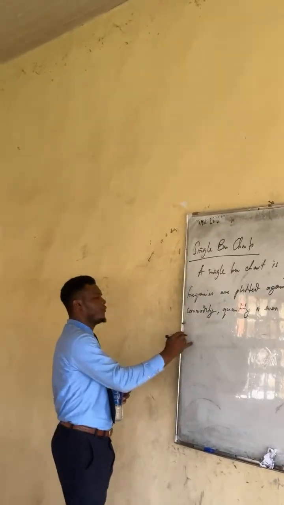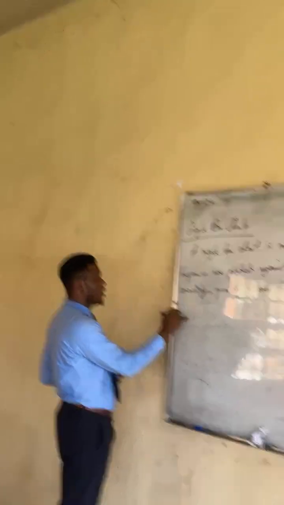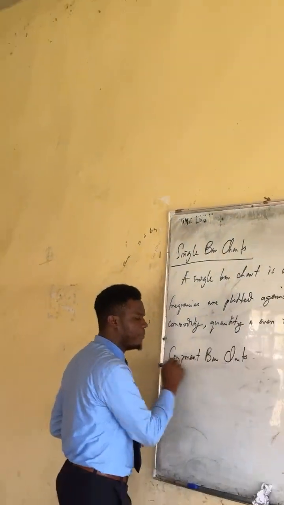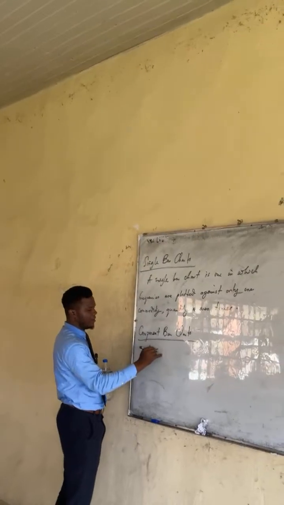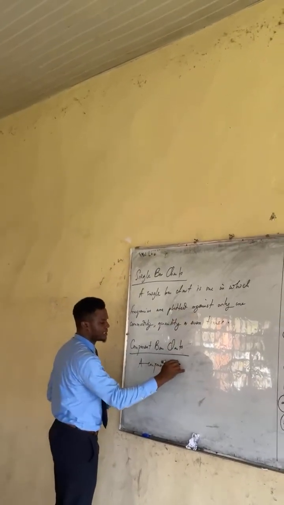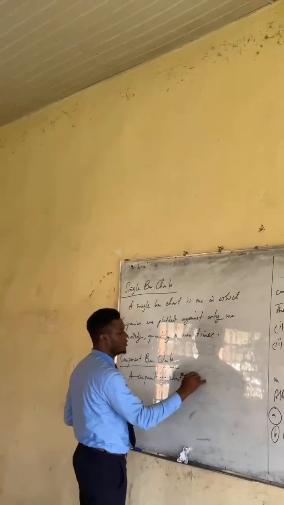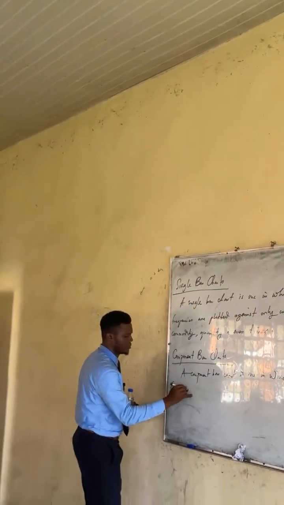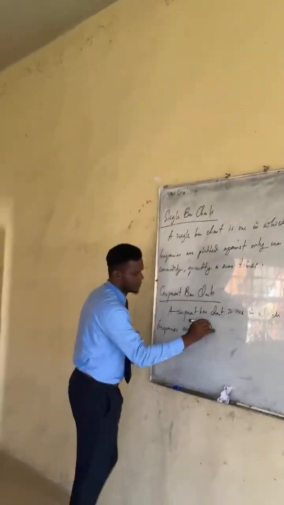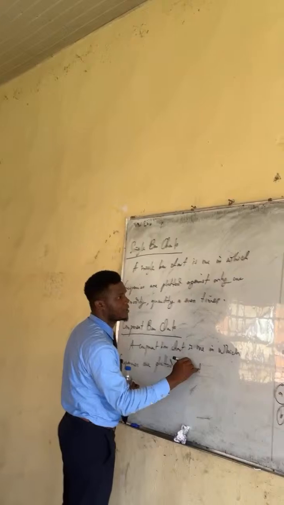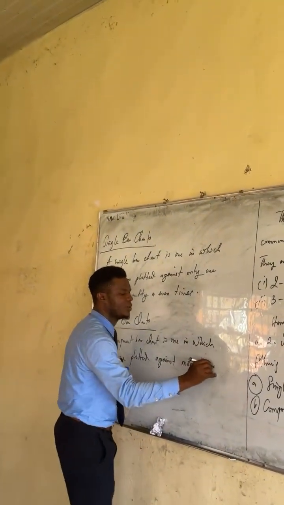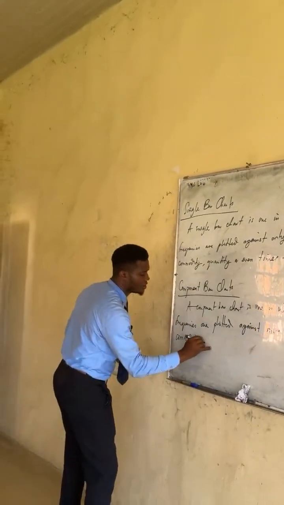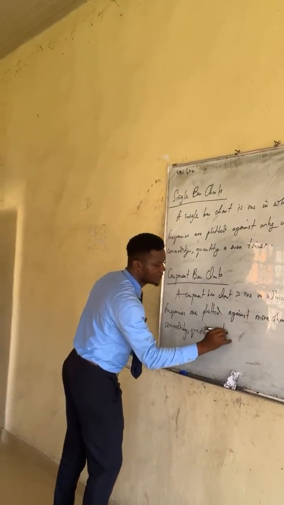Now, for component bar charts, we say a component bar chart is one in which frequencies are plotted against more than one commodity, quantity, or time consideration.